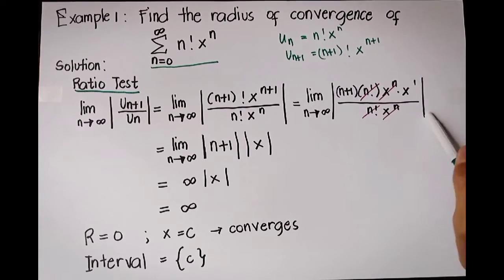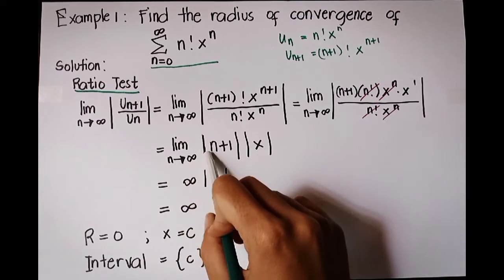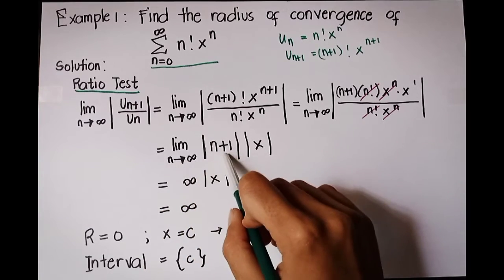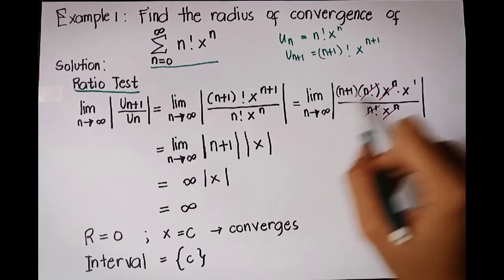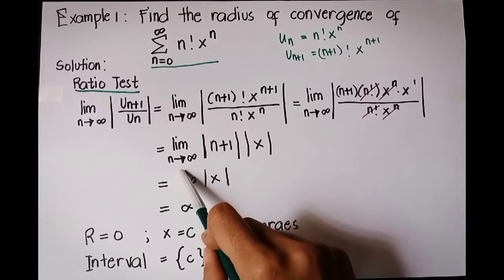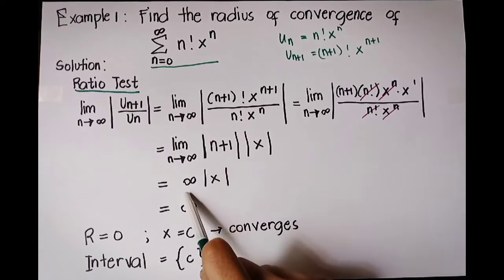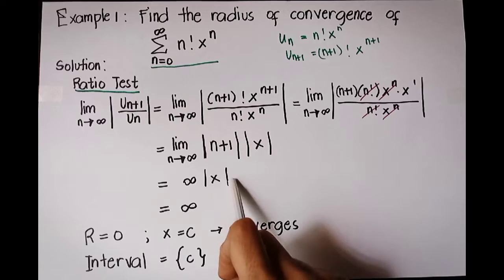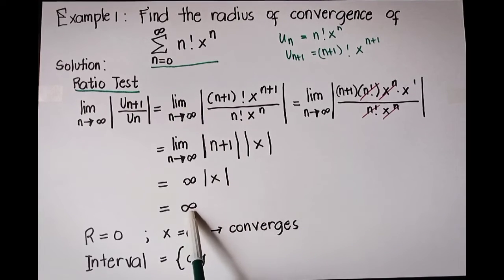So the expression will now be the limit as n goes to infinity of the absolute value of n plus 1 times the absolute value of x. The limit as n goes to infinity of n plus 1 is infinity, and infinity times the absolute value of x is infinity.